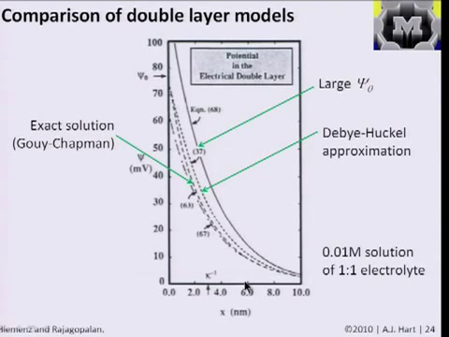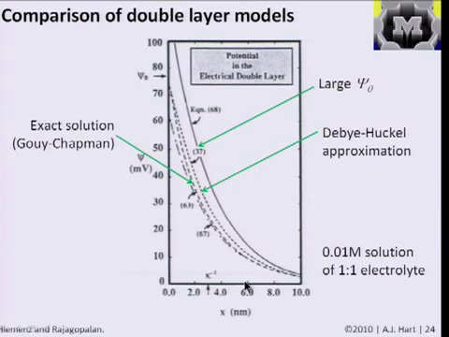And through the reading, these aren't really important for us, but the reading talks about a number of solutions that exist for the Debye layer, and basically steps back from the assumption we made that the surface potential is pretty low, and shows how the potential decays from the surface of an arbitrary system with a 0.01 molar solution of a 1-to-1 electrolyte.